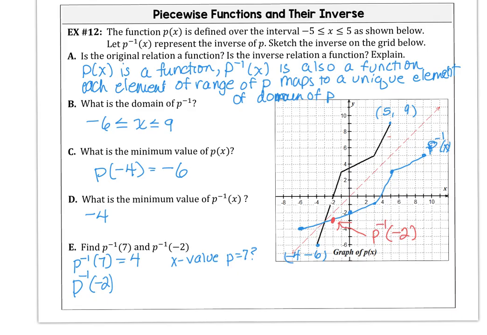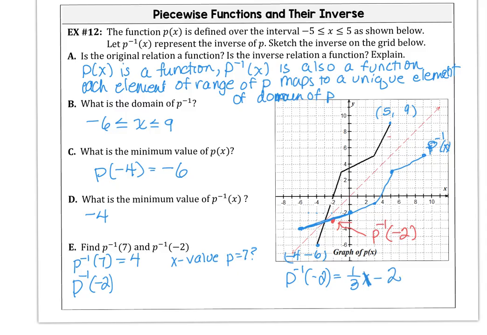It looks like up 1, 2, 3. Wait, up 1, 2, 1, 2, 3, 4, 5, 6. So this segment right here has a slope of 1/3. P inverse of -2 is 1/3 x, and it crosses the y-intercept at -2.